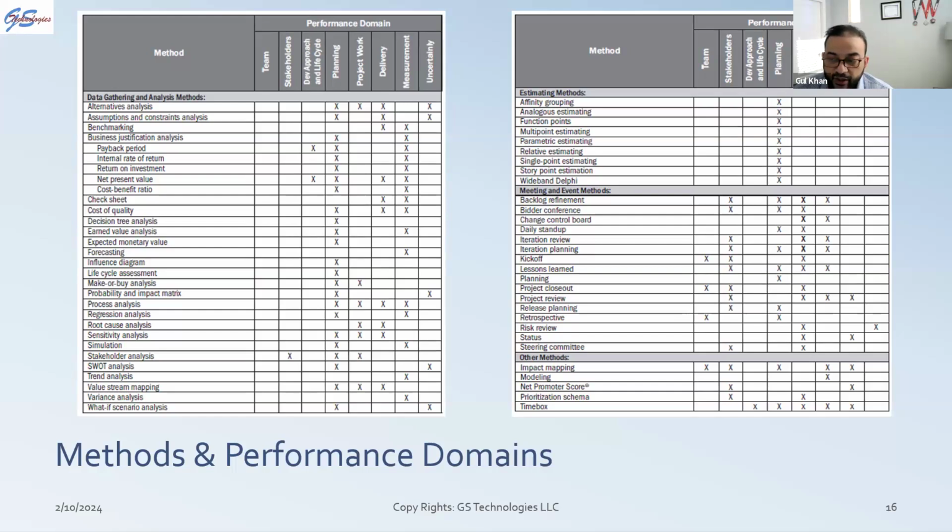Time boxing is a very, very effective method, and it is the method that you normally use with the end in mind. Have you ever heard of the term ground up?